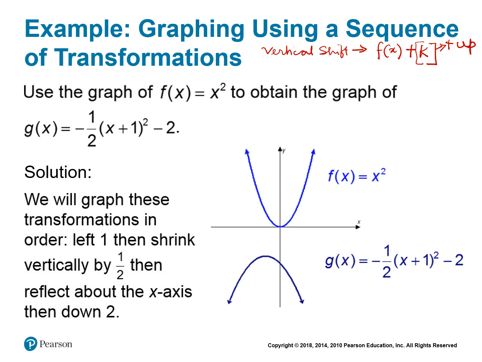If it is a negative value, it moves down. As for the horizontal shift, the form was f of x minus h. That's the form. And again, we look at the value of h. If h is positive, the shift was right.